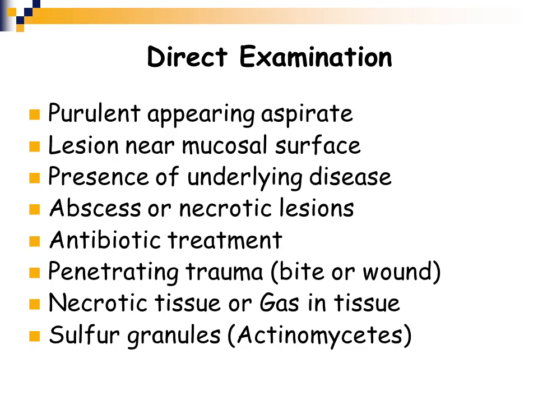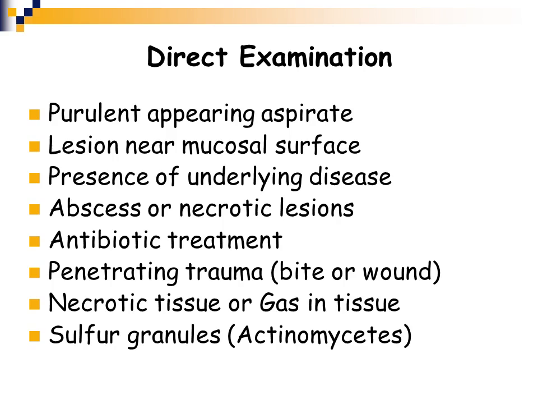So if there's a pussy or purulent appearing aspirate, if there's a lesion near a mucosal surface, if there's the presence of underlying disease, if it's an abscess or a necrotic lesion, you always have to consider if someone's been undergoing antibiotic treatment, if there's a penetrating wound like a bite wound or some sort of deep trauma.